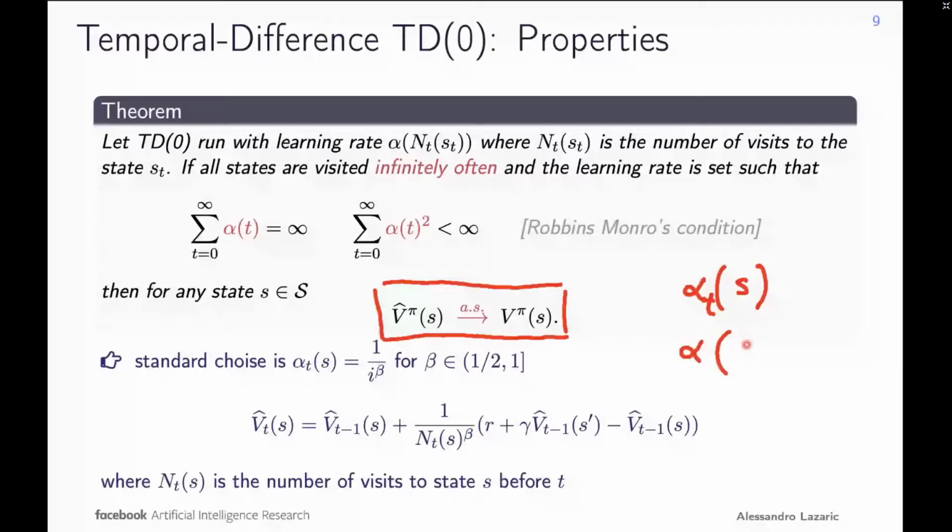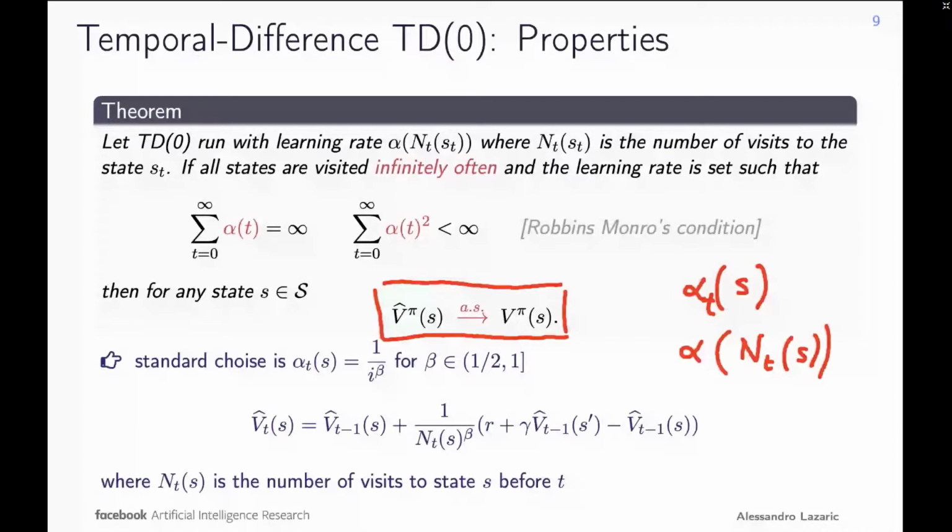So this n t of s, I will be using it to denote the number of times I visited that state. And so my learning rate will be smaller for states that have been visited many times, and it will be larger for states that I have not visited much. And the way it decreases is crucial for the convergence and for the convergence speed.